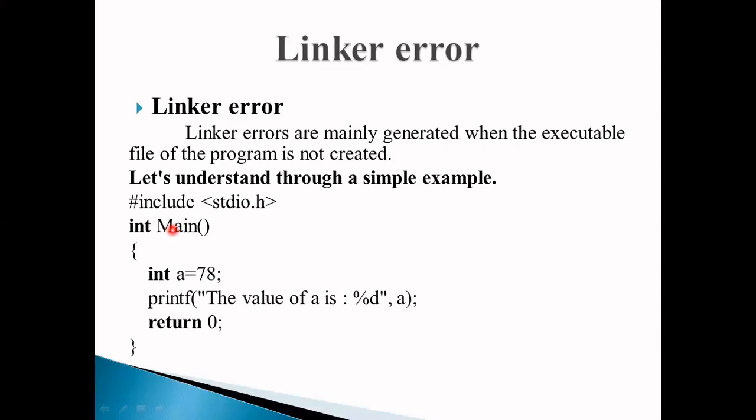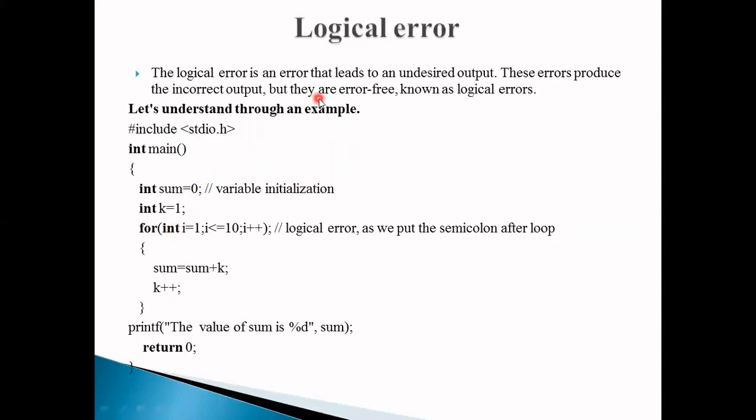Next one is logical error. A logical error is an error that leads to an undesired output. These errors produce incorrect output, but they are otherwise error free, known as logical error. When we write a program, our first step is to save that program with the .c extension.